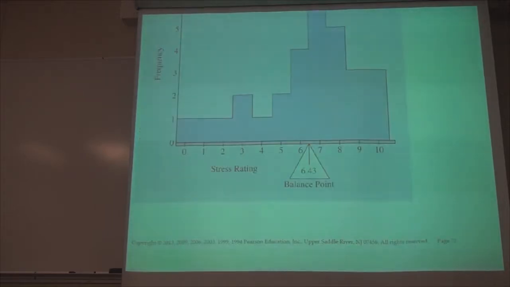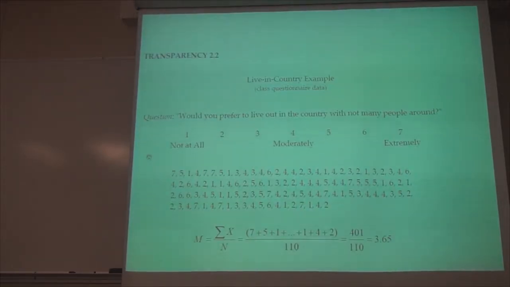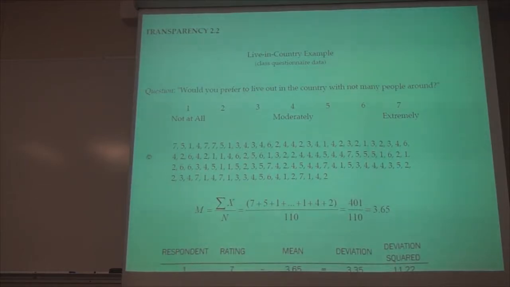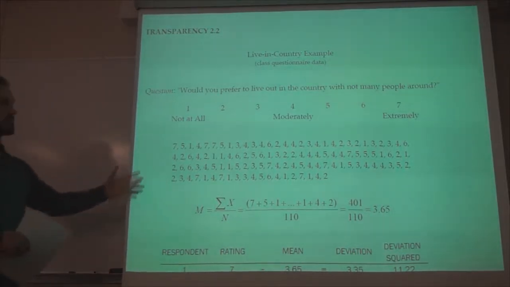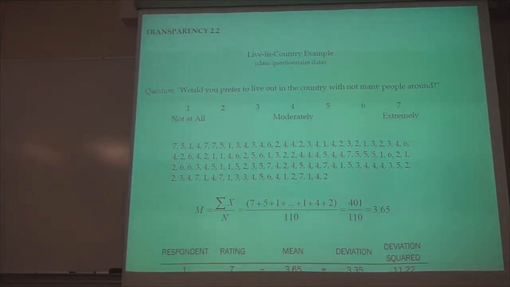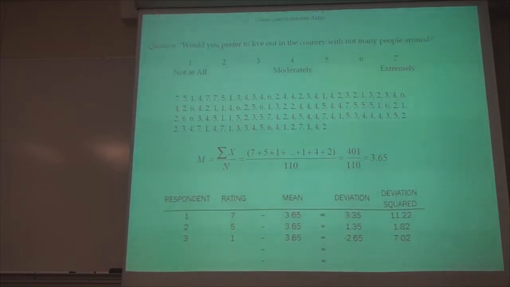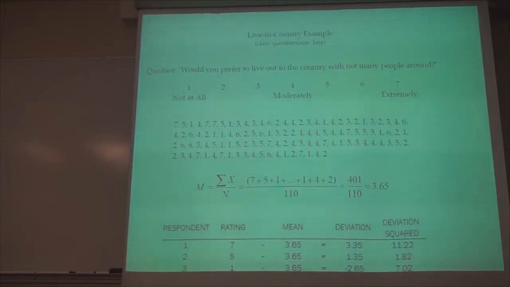Okay. Then, if I look at another example, the living country example, where we asked a set of 110 people, how much do you like to live in the country or not at all? And these were the results. If I look at the mean, the average, I add them all up, and I get 401.